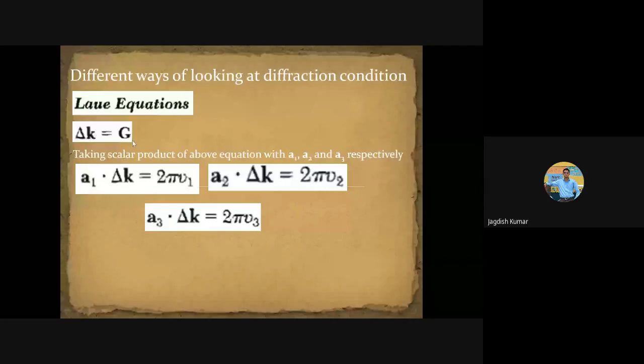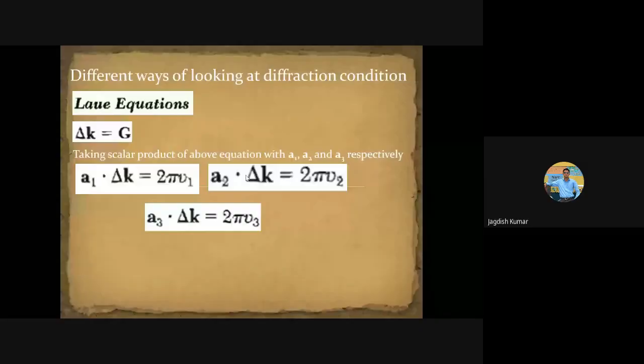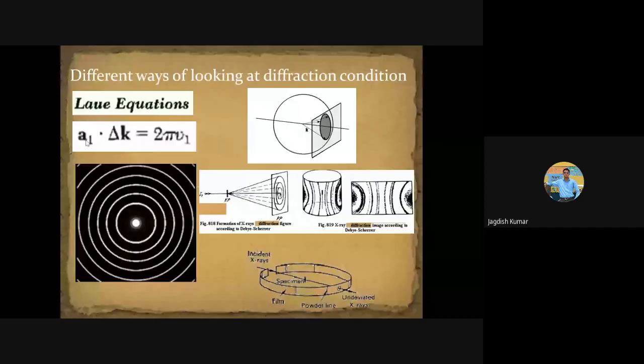If you multiply this diffraction condition with our lattice vectors, say a1, a2 or a3, then you arrive at the Laue equations. And then to discuss the physical interpretation of the Laue equations, you may take one of them. Am I audible now? Is it okay?